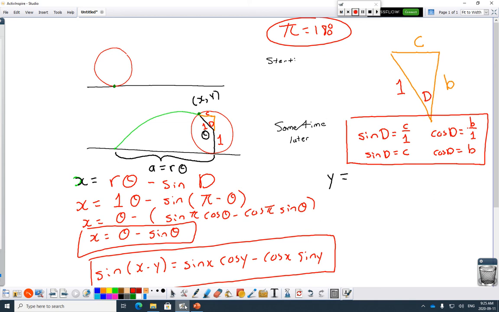The y value is r, which is just 1, plus this d here, this b on the side of the here, and the b was cos t. Oh, no fancy stuff there. Except this is d's, and this is theta. How is d related to theta?